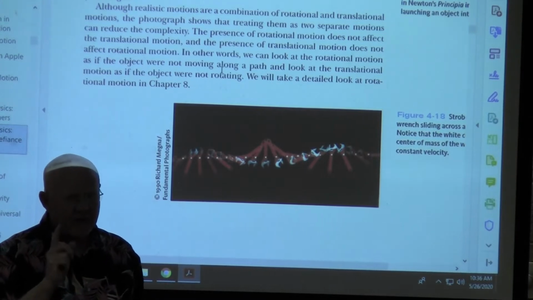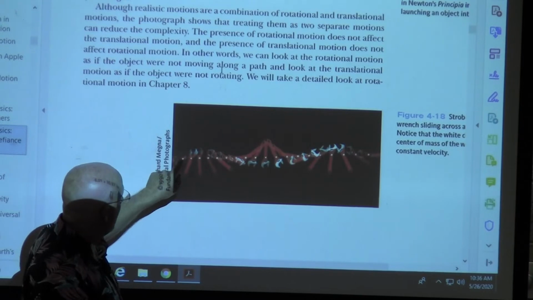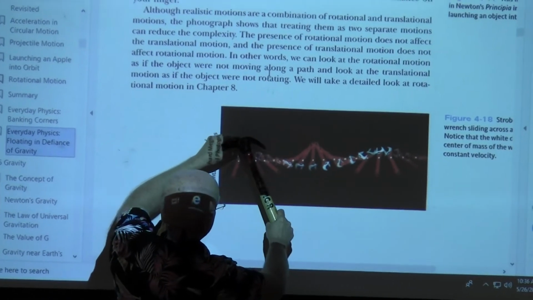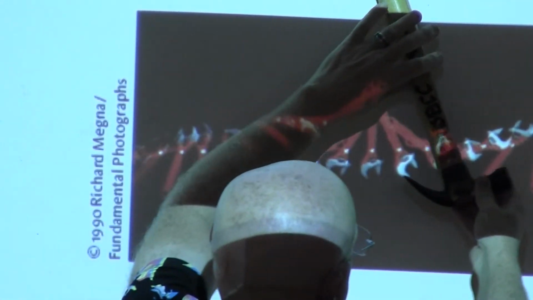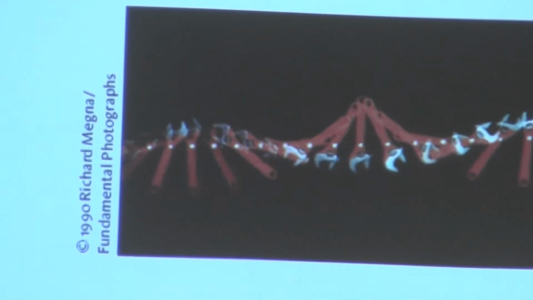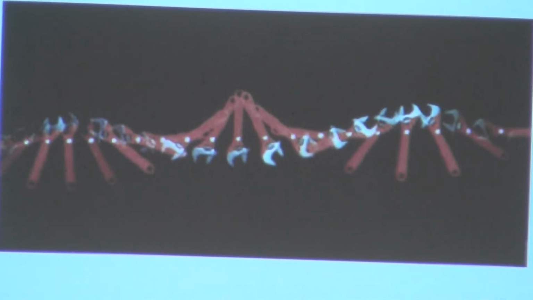But the part of it that stays at a constant speed is the center of mass, and that's what they're trying to show. They've got a white dot, and as the crescent wrench is moving along and rotating, that spot right there, that center of mass, remains the same here.